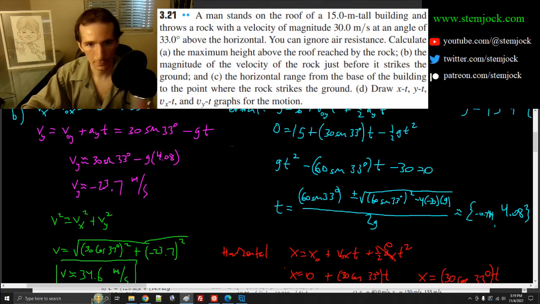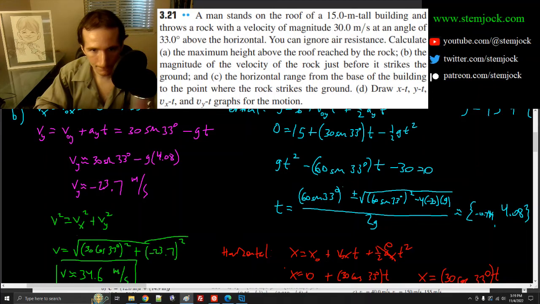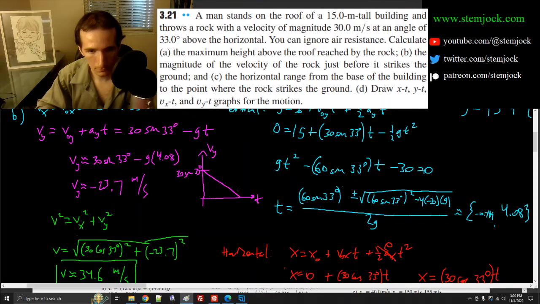I'll just draw it right here. So this here is going to be Vy. This here is t. So when t is 0, it has a maximum of 30 sine 33. And then it's going to go down like that.